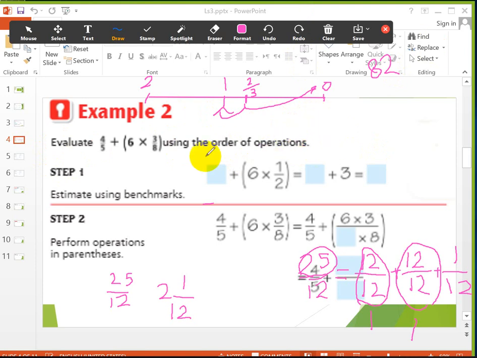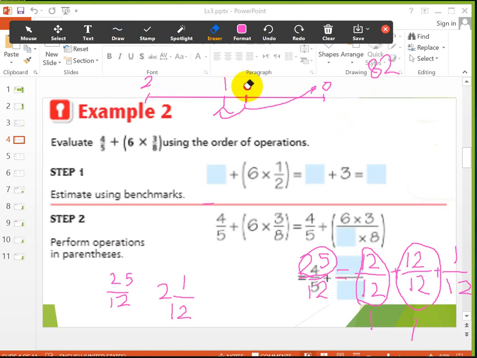If I want to find the answer for this expression, 4 over 5 plus 6 multiply 3 over 8 between parentheses. Okay, first I have to estimate by using benchmark. Focus with me, Yusra, because you asked about the estimate.